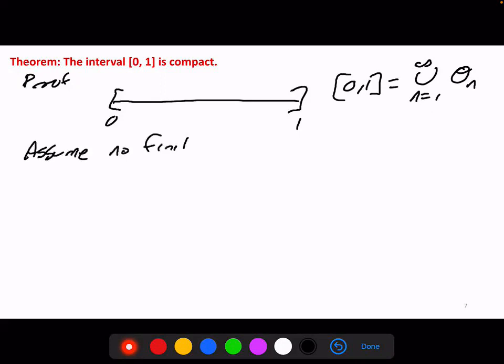So here I'm using my notion of compactness, that there is a finite subcover whenever there is a cover. But what I do is I break my interval in half. And if there's no finite subcover, at least one of the halves cannot be covered with just finitely many of the O's.